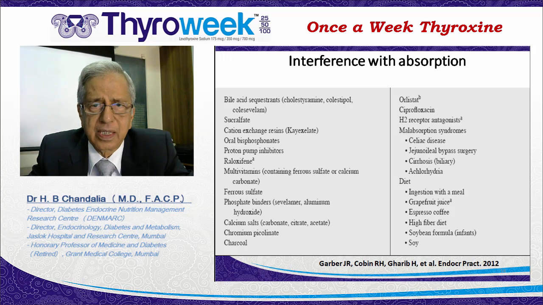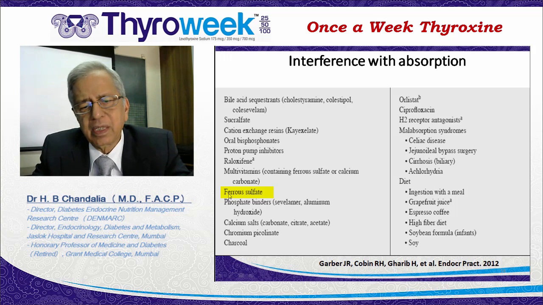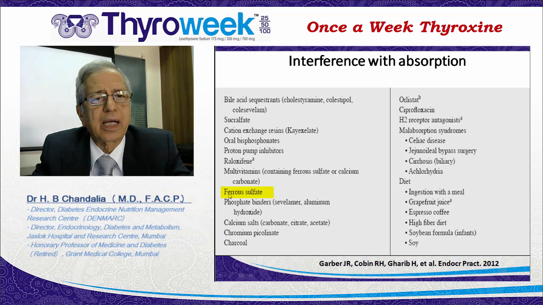Some of these are listed here. The most important factor which I wish to point out for clinical purposes is ferrous sulfate or any iron preparation. Remember that even 10 milligrams of iron, which is contained in some vitamin preparations, can result in poor absorption of thyroxine and therefore inadequate replacement.